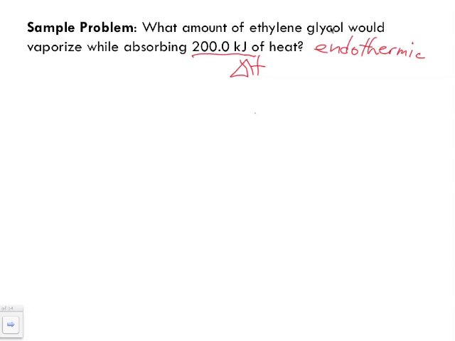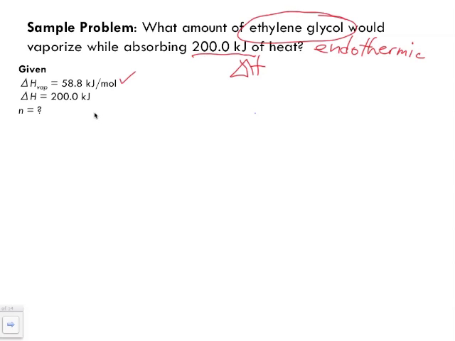So we want to find out the amount of the ethylene glycol. Really here we need to find out what the molar enthalpy of vaporization is. It's 58.8 kilojoules for every 1 mole, but we are going to be requiring this amount of energy that it's going to absorb.